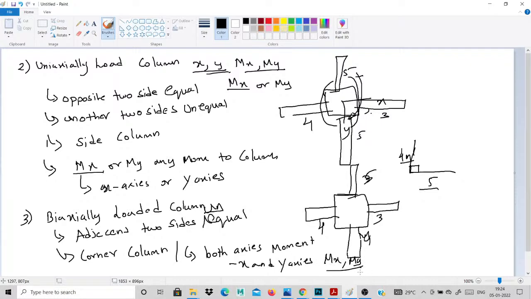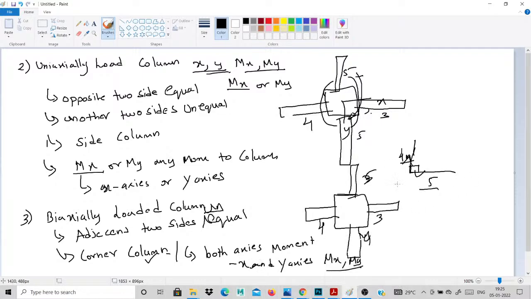Uniaxial comes from any one axis, x axis or y axis, but biaxial loaded column is a corner column, mostly used on the corner side of the building. Two adjacent sides are unequal, so two moments will be transferred to the column. That is the second point, corner column. The two moments will be in the x direction and y direction.